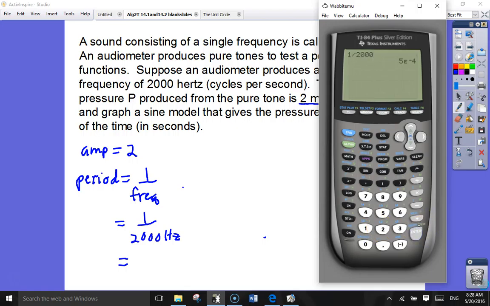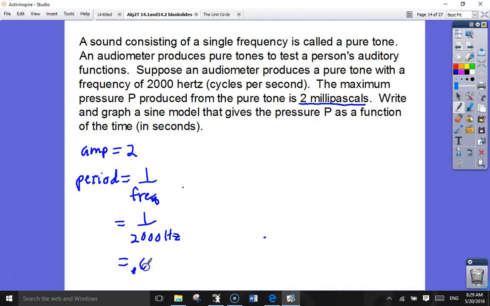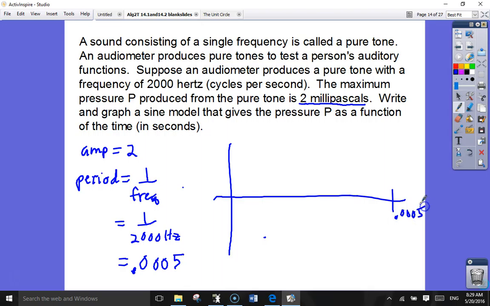Five times 10 to the negative 4th, so 0.0005. If I was going to draw one cycle of this thing, on the right side, one period is 0.0005. Its maximum and minimum are -2 and 2.